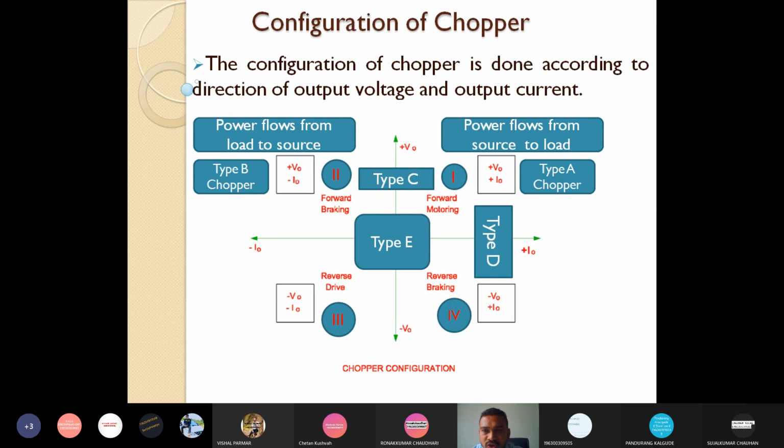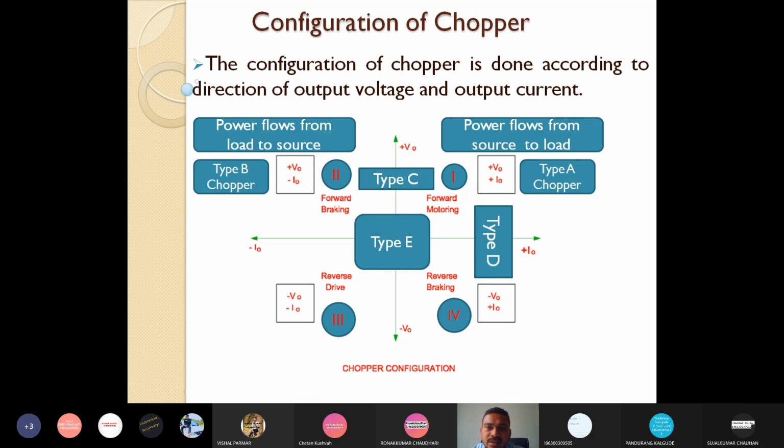Because in type A chopper the output voltage and output current both are positive. That means the type A chopper operates in the first quadrant. That's why it is also known as the first quadrant chopper.